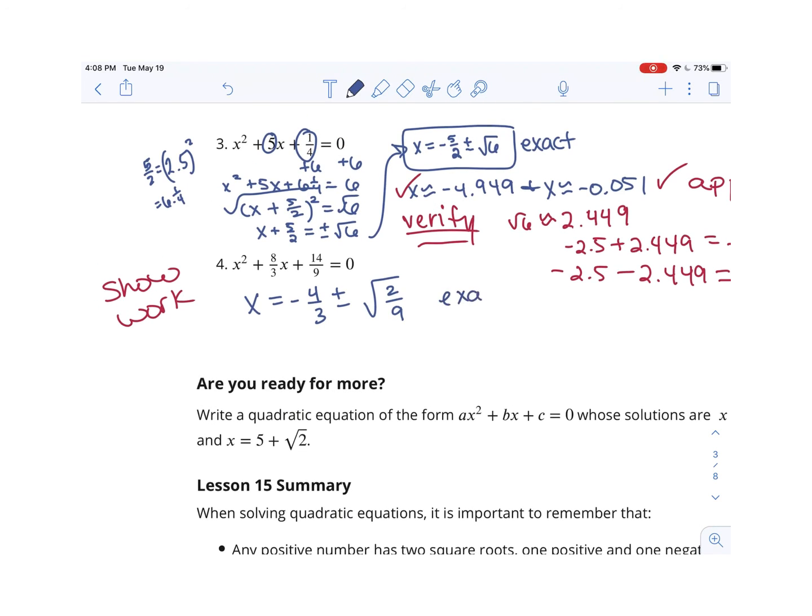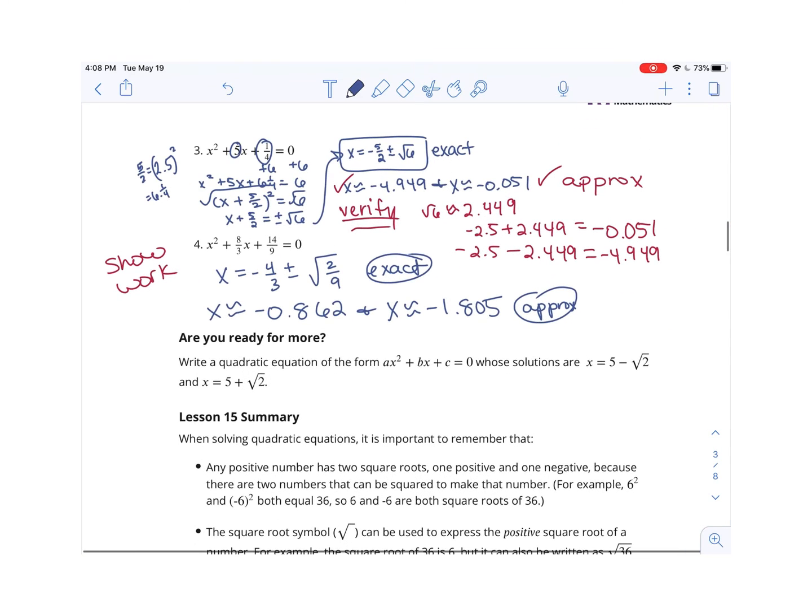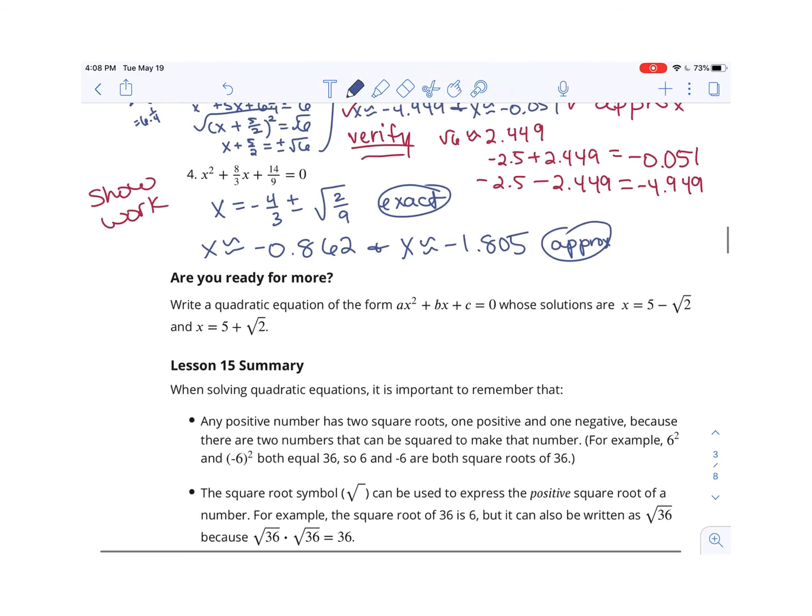And there's your exact. And your approximations are x is about negative 0.862 and negative 1.805, and you can verify that those things are the same. Don't be afraid of this one because it has fractions, and you're doing everything exactly the same way.